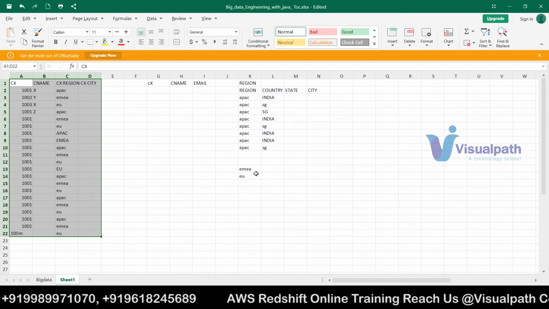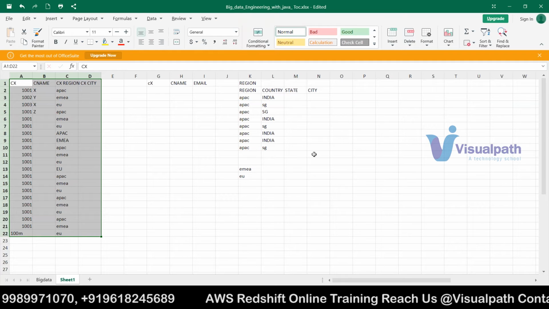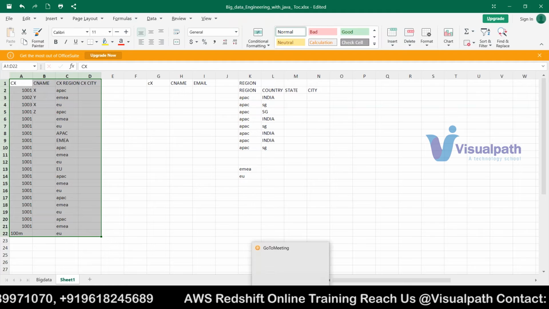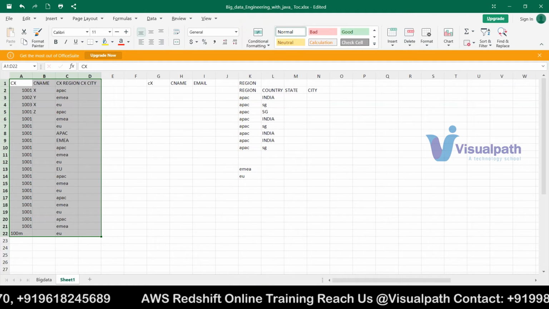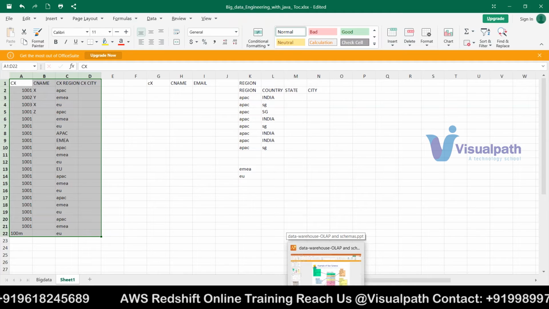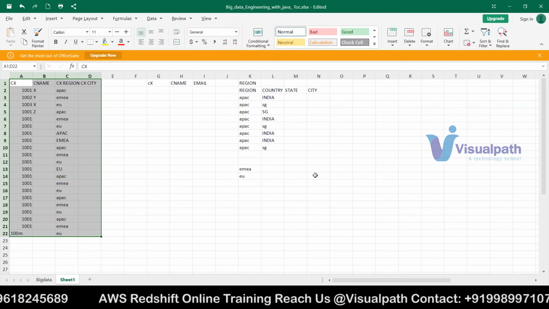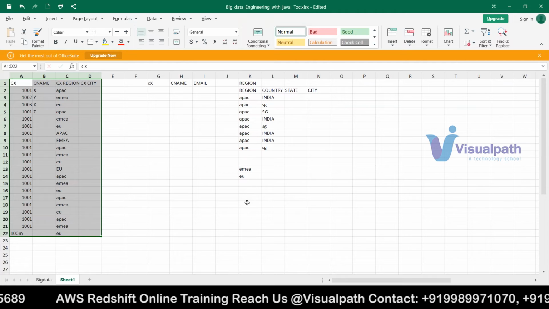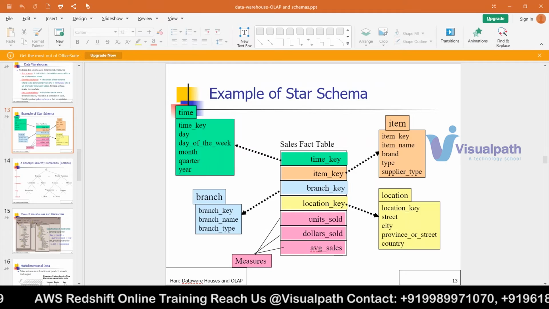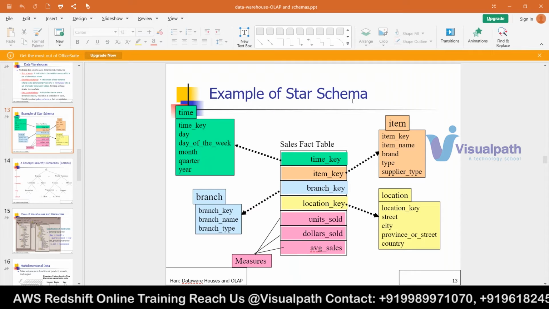Denormalize means all the columns are present in a single table. That's what denormalize means. Normalizing means dividing them to have separate tables. Okay, got it.